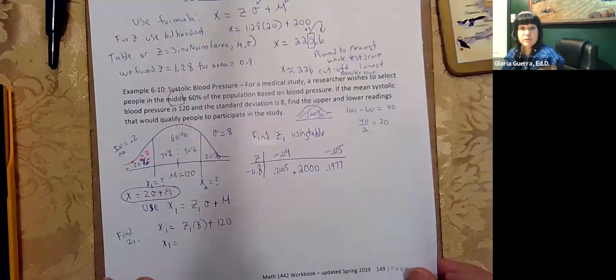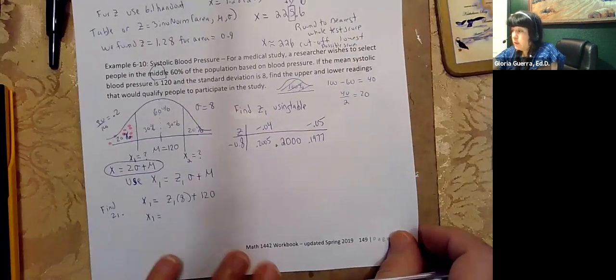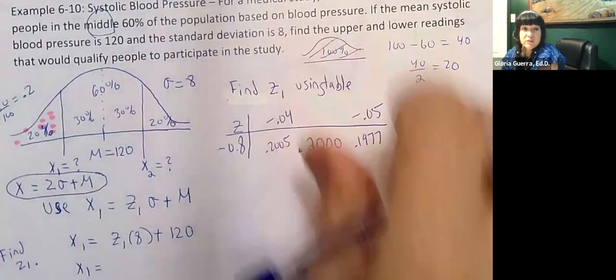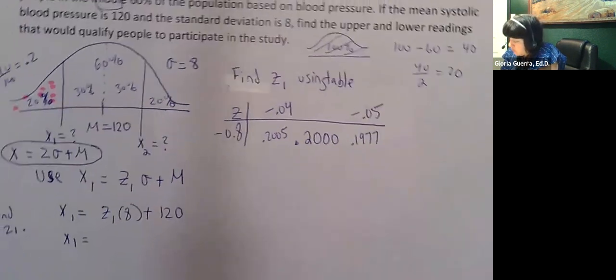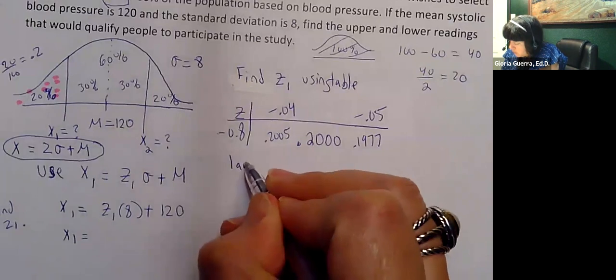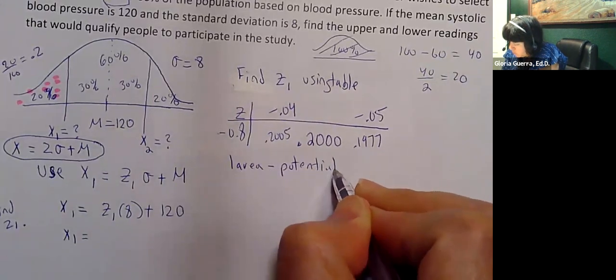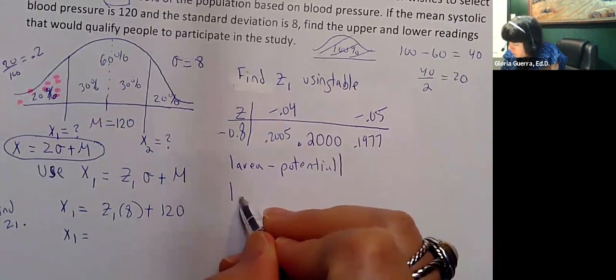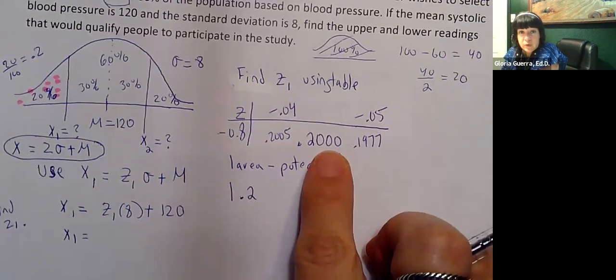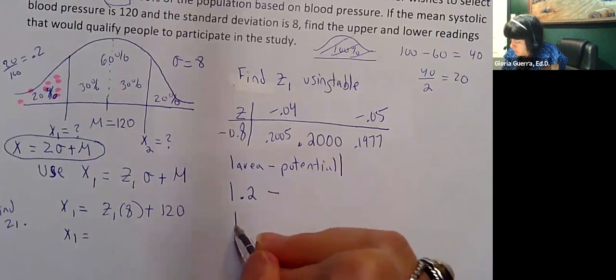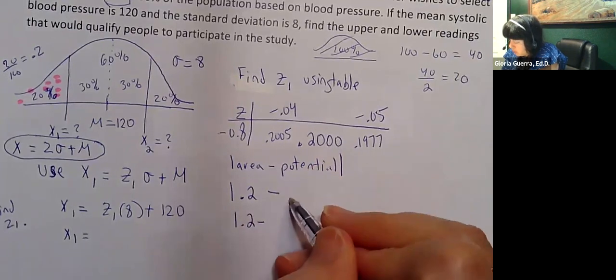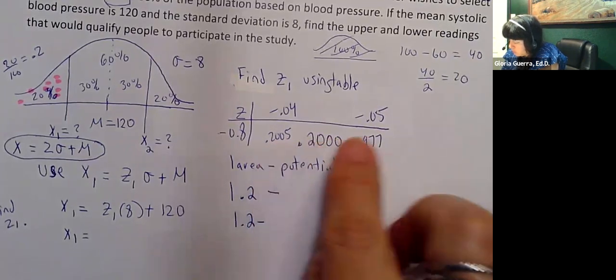Now you're going to try and see which area is the closest distance. So I'm going to do that formula where I do area minus potential. The area we're looking for is 0.2, and we're going to subtract the potentials. It doesn't matter which one first.